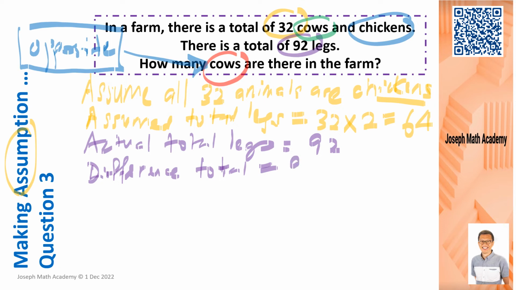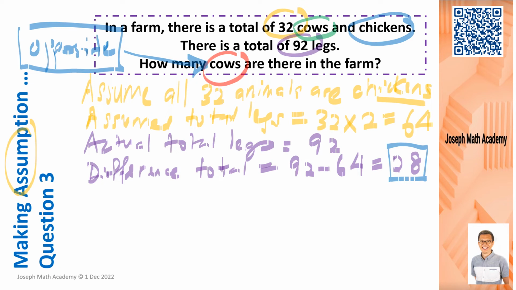So how many? 92 minus 64. If you subtract carefully, it will be 28. 92 minus 64 is 28. So this 28 definitely must come from the cows, which are pretending to be two-legged animals.